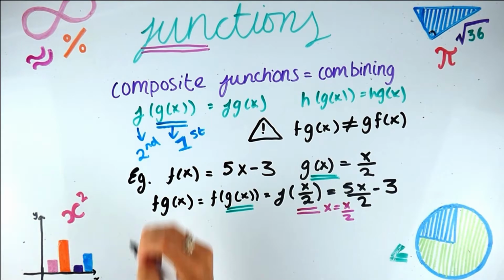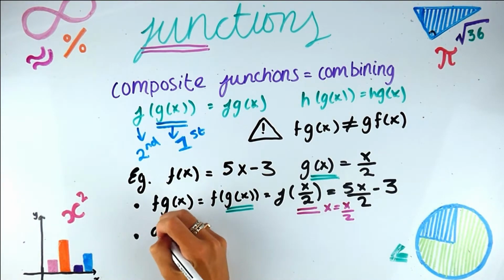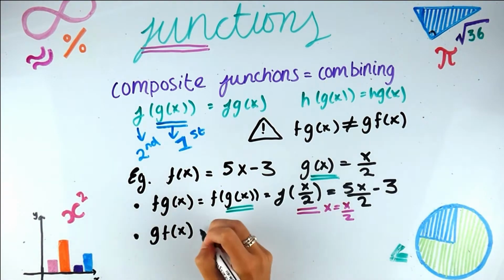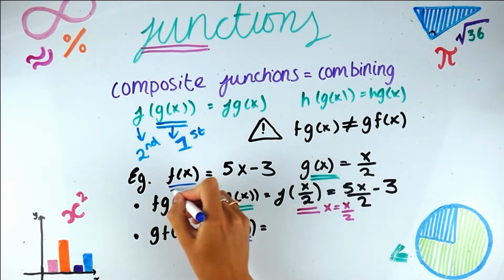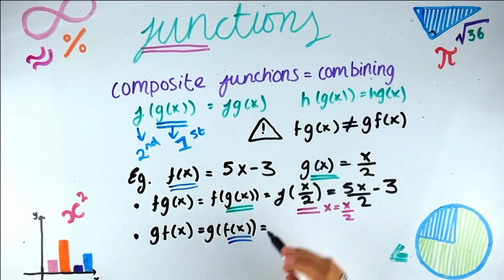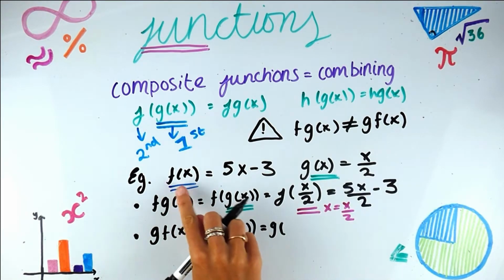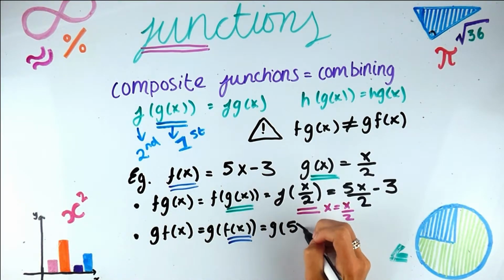So now let's try putting g first. So that is g of f of x. So first of all, we see f(x) here, and we've already got that here, so it's the exact same thing. We're just going to copy that in. So we have g of f of x, which is this, 5x minus 3.